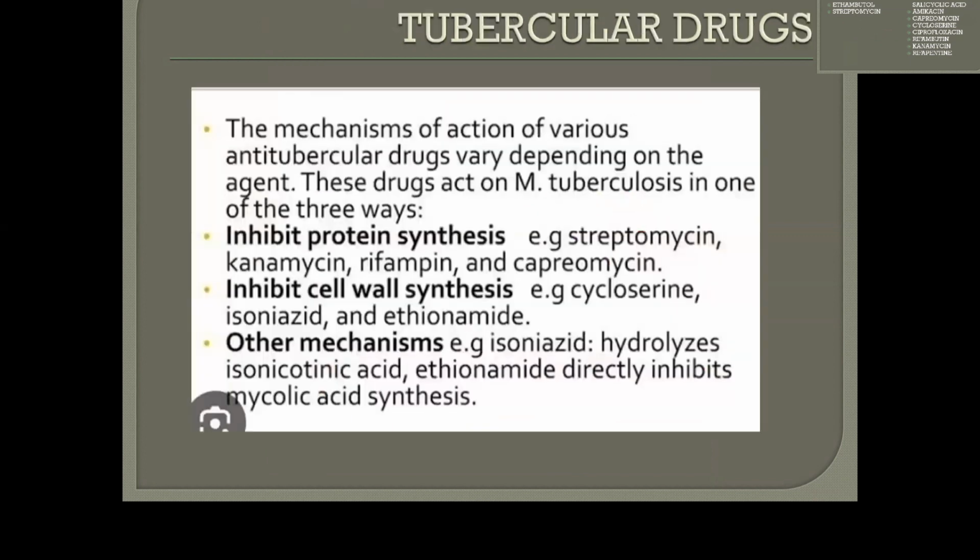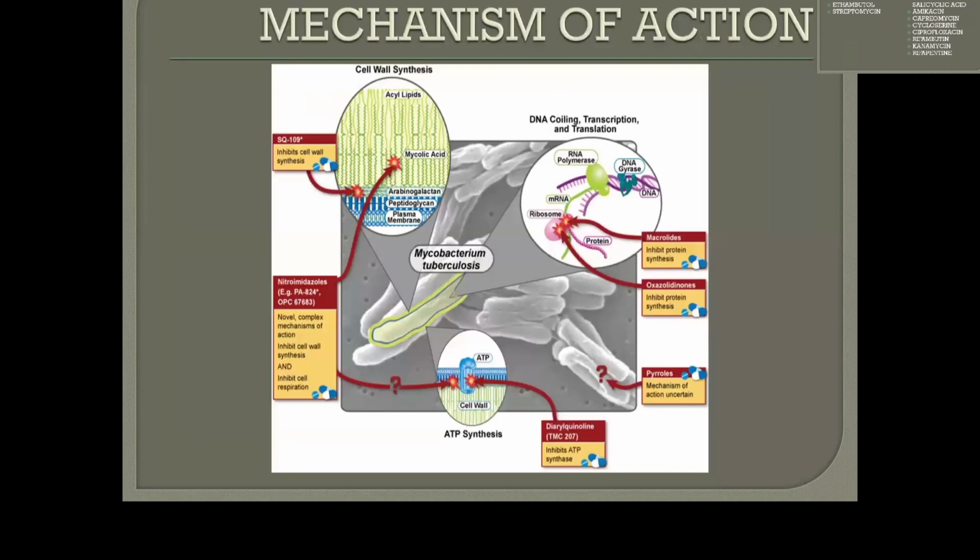So we have categorized them in a simple way: drugs that inhibit protein synthesis, drugs that inhibit cell wall synthesis, and drugs that hydrolyze isonicotinic acid or inhibit mycolic acid synthesis. Under each category we have seen a few examples. Hope you have understood.